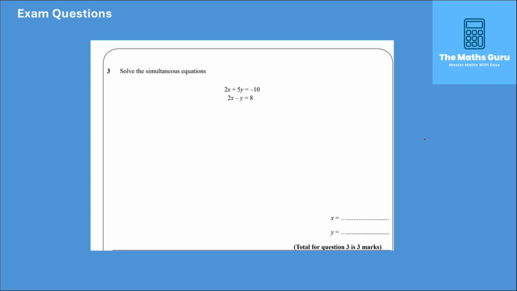Because the operations applied to our x's are both positive and the same, we're going to subtract, because 2x minus 2x equals 0, cancelling out our x's and leaving us with y only. So 5y minus y gives us 6y equal to minus 18. Now we can divide through by 6, making y equal to minus 3.